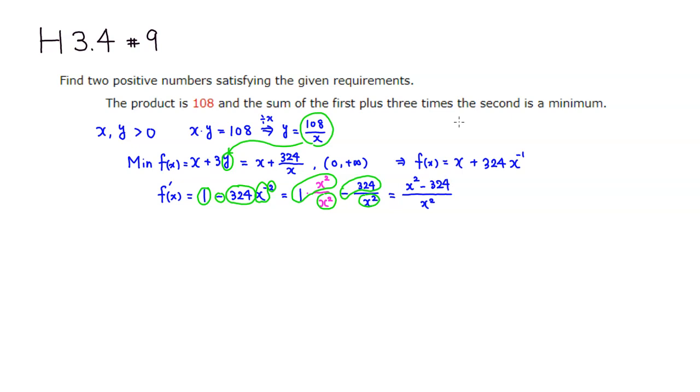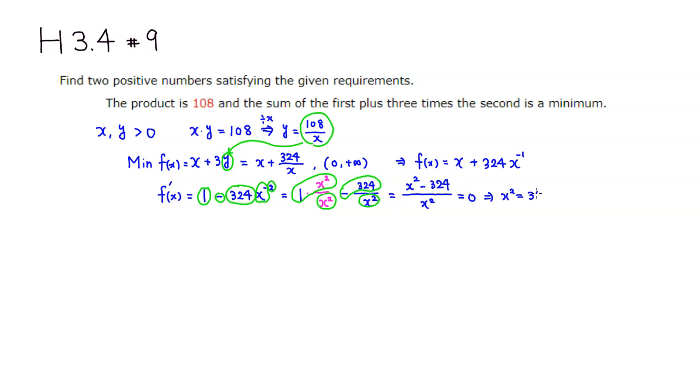All right, then to find the critical number, we set that equal to 0. In order to make the fraction equal to 0, we need to set the numerator equal to 0. So we know that x squared must be equal to 324. That will make the numerator equal to 0, right?